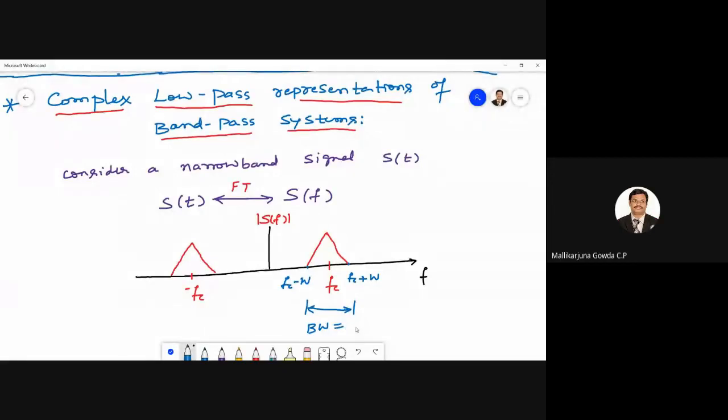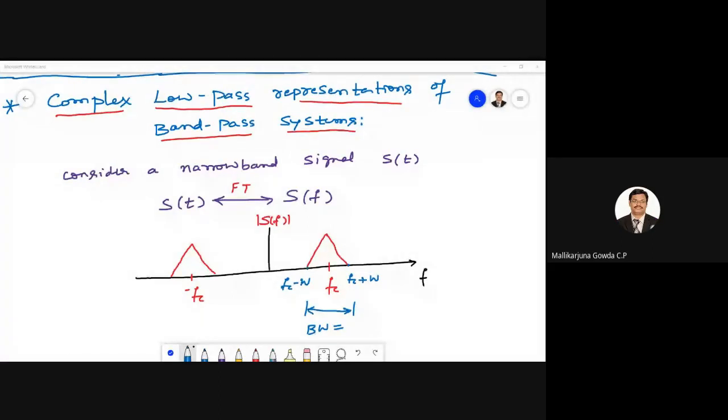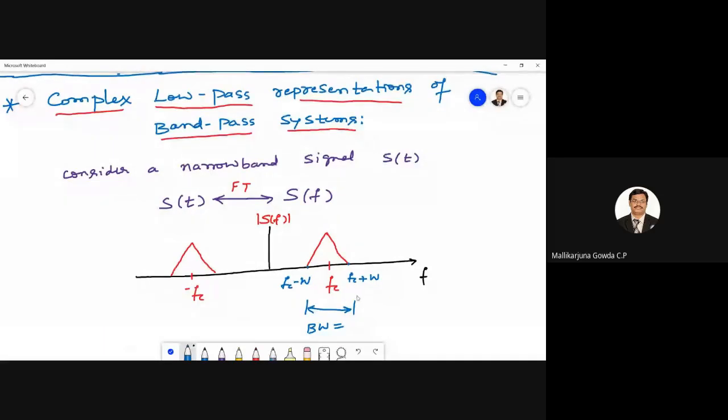Someone has said some value. How much? 2 omega, or 2W, right? Because bandwidth means upper frequency minus the lower frequency. Upper frequency is Fc plus W and lower frequency is Fc minus W, so the bandwidth will be 2W.